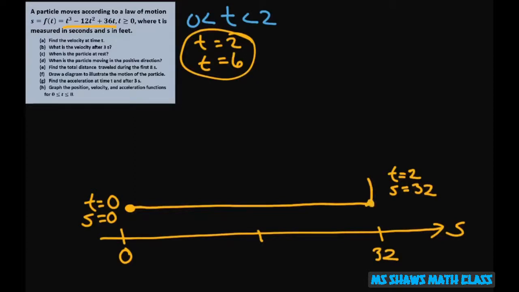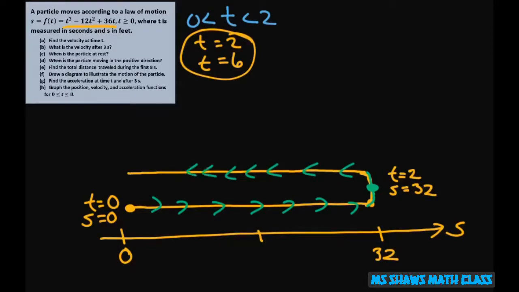Now, come back around, and we're going to go negative. So we're going to come back up to here, go negative. Now, this was positive. At rest, I'll put a little dot there. And then we're going negative. So, here we're back at S equals 0 when t equals 6. And we already knew this part, because that's how we did the at rest thing.